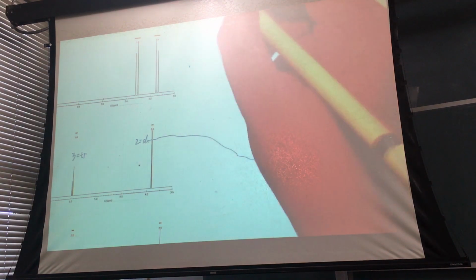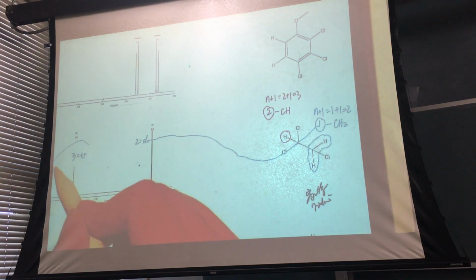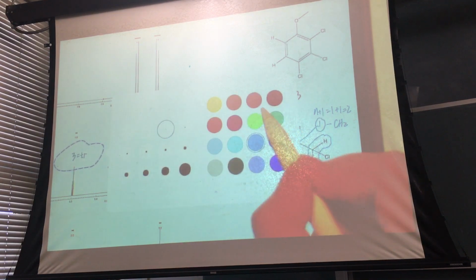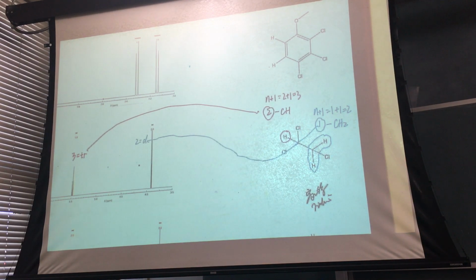The one with 3 peaks should be this. So this is a simple interpretation of this spectrum. This compound only has 2 sets of peaks, and I know which one corresponds to which. That's you getting your hands on solving problems for interpretation now. Does that make sense? Yeah, question.